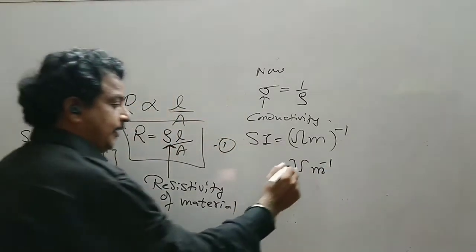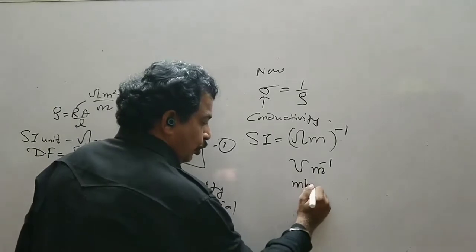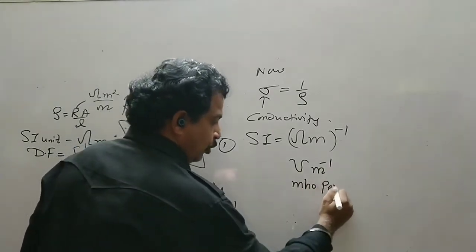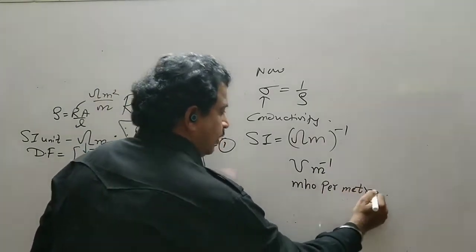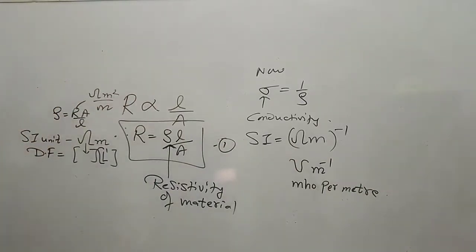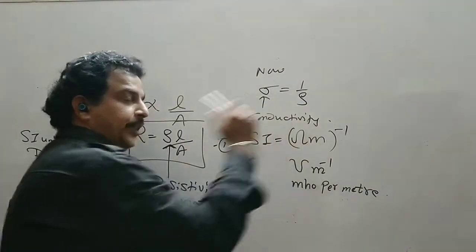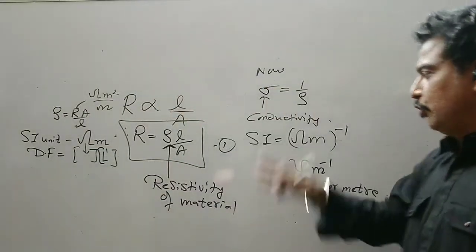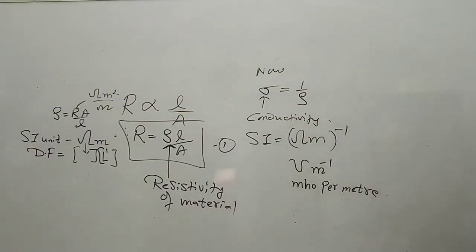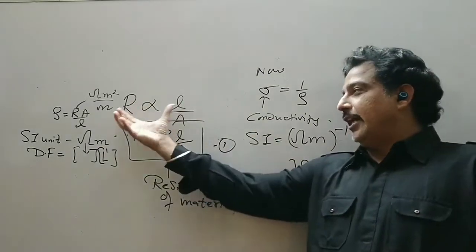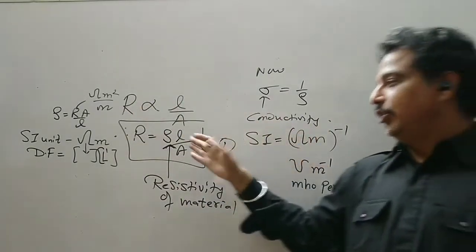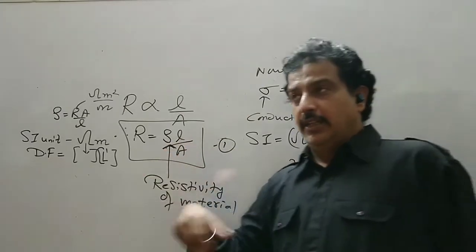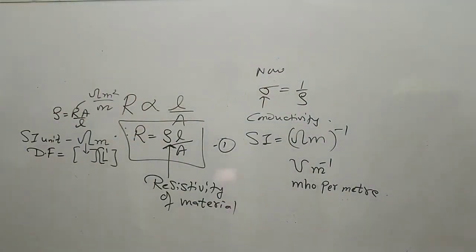So I read this as mho per meter, or I can say per ohm meter, or reciprocal of ohm meter. So this is the basic information about the factors on which R depends, and a new term resistivity, and the reciprocal of the resistivity is called the conductivity.